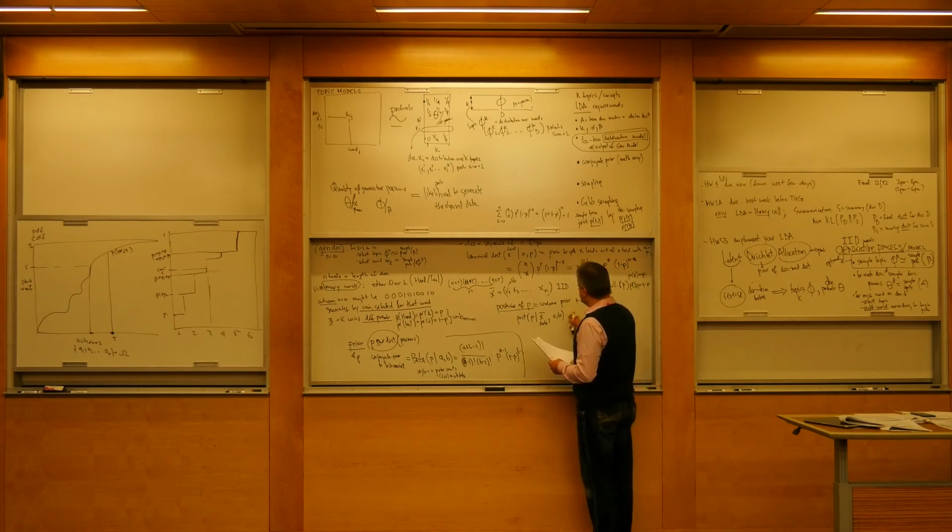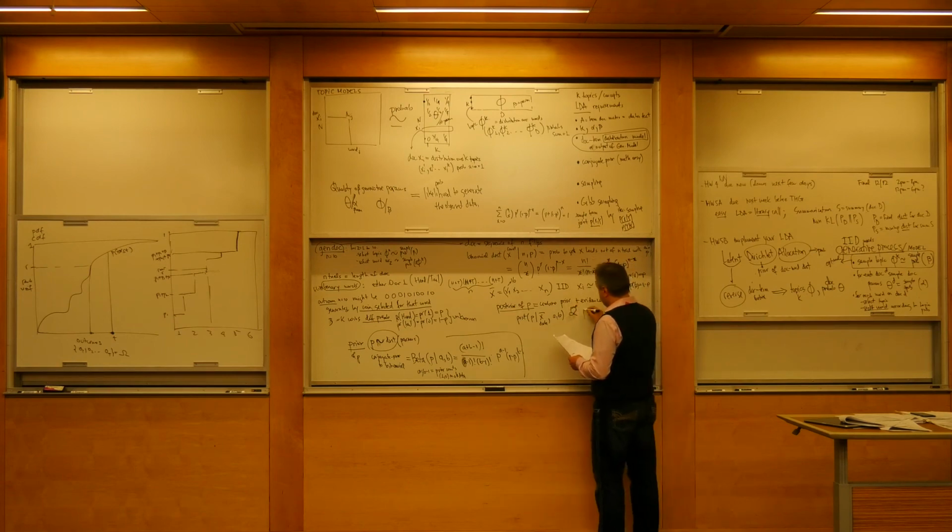So this is proportional to the probability of x given P and A and B, times the probability of P given A and B, divided by the probability of x. Right?